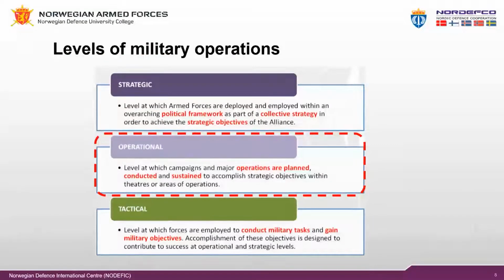Strategic, operational, and tactical are the three levels utilized by NATO to categorize echelons of command and operations activities. The NATO Strategic Commander for Operations is Supreme Allied Commander Europe, SACEUR. The commander at the operational level is normally the Joint Force Commander at one of NATO's Joint Force headquarters.